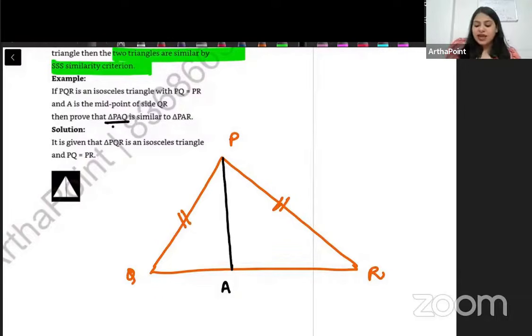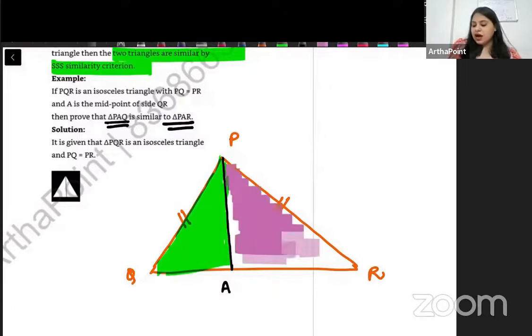Prove that PAQ is similar to PAR. So just have a look, beta. In triangle PAQ and in triangle PAR, can you see that one side is equal, one side is common?